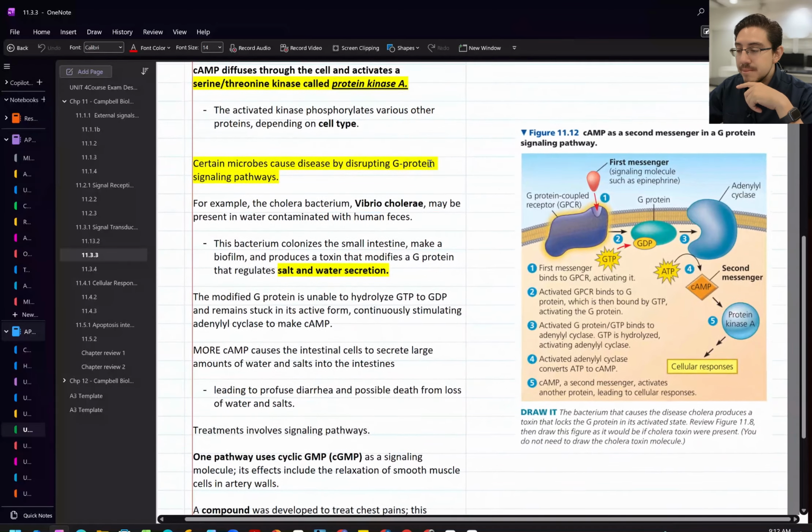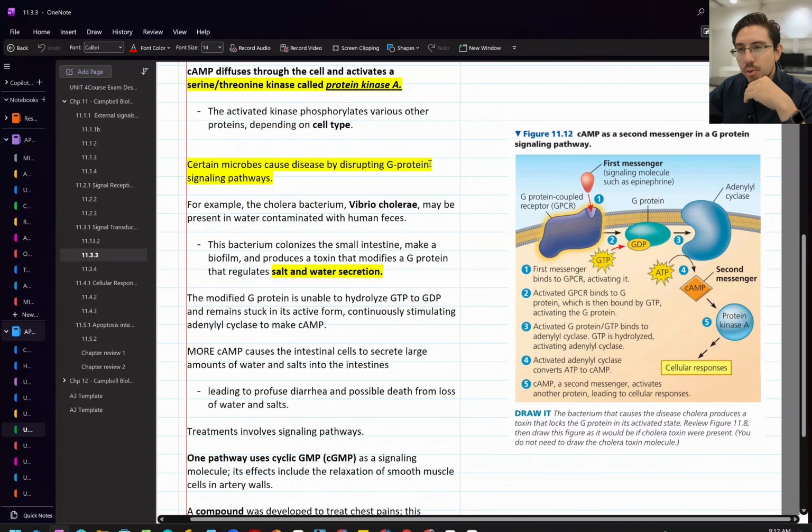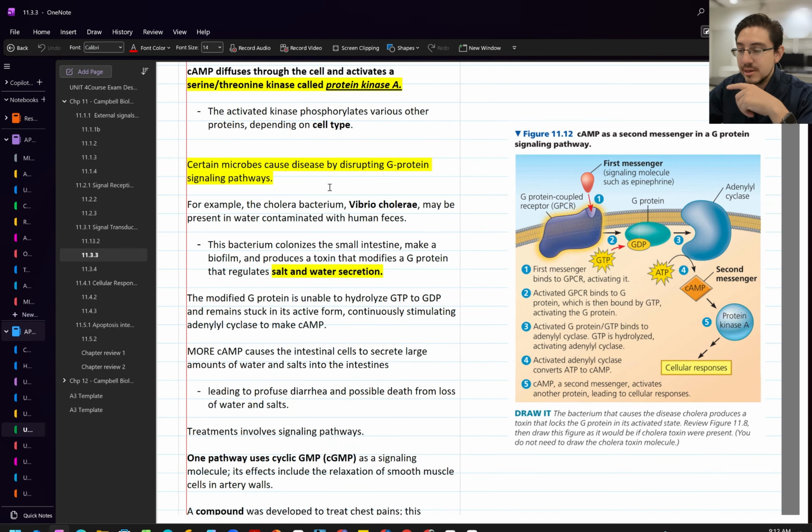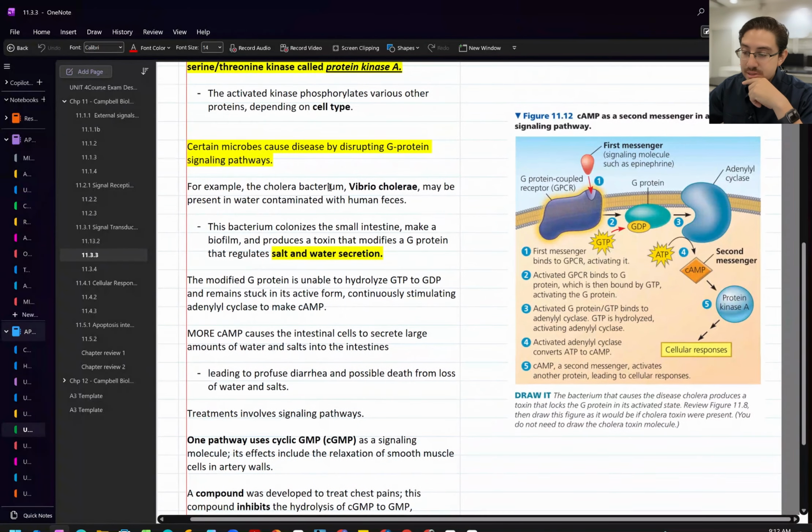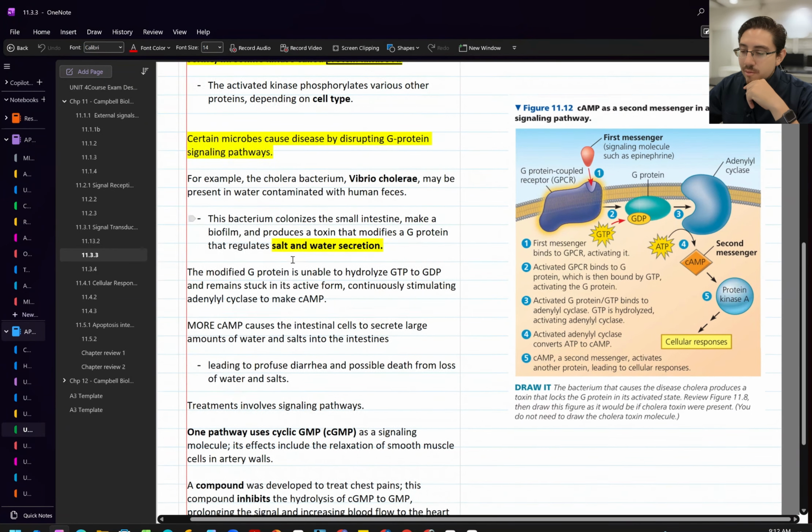Protein kinase A and cyclic AMP are so important that even microbes, like bacterial infections, can cause disease that disrupts this whole relay of cyclic AMP and the G protein signaling processes. An example of this is cholera bacteria, Vibrio cholerae, which you may know or not know.